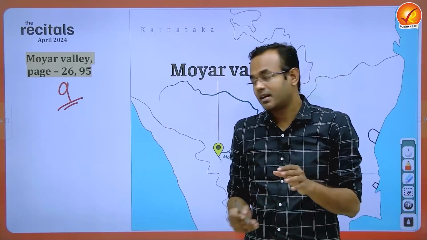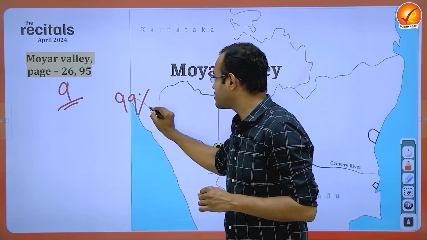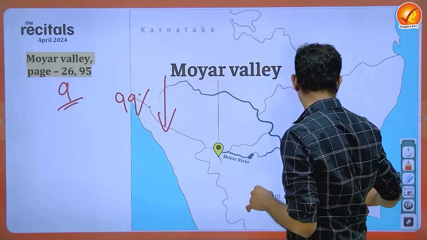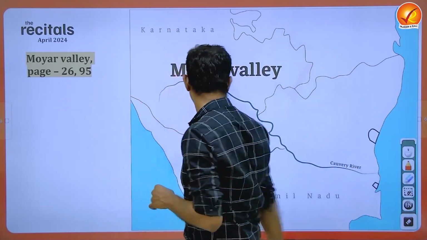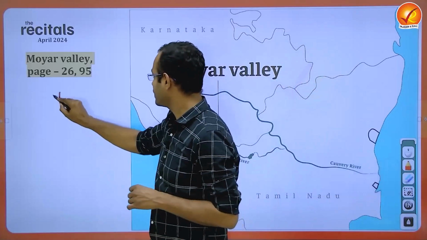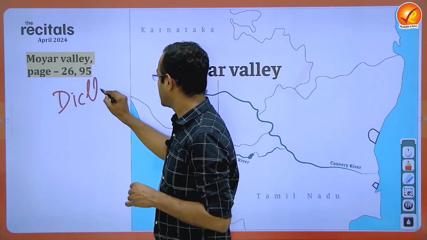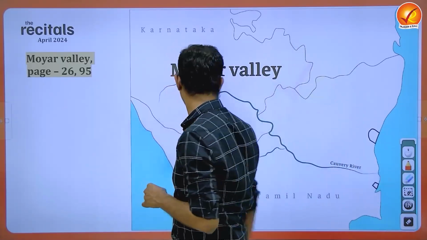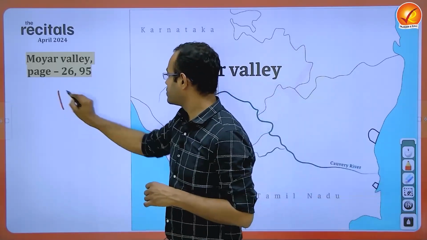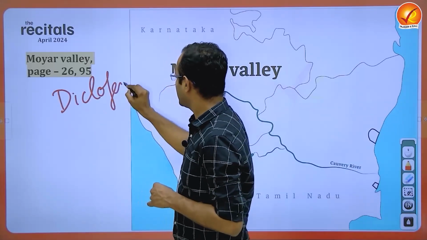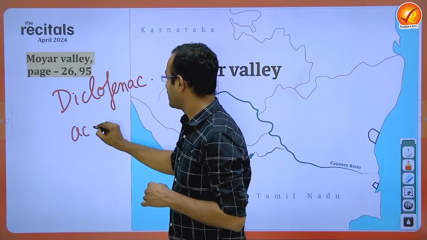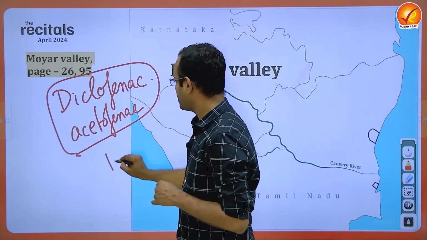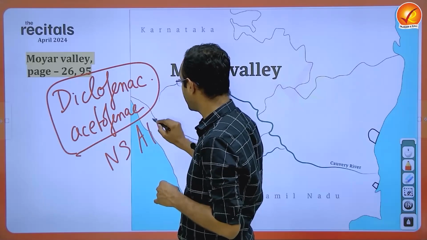In certain species, 99% of the population declined, and that was due to the usage of a drug called diclofenac or aceclofenac. These are non-steroidal anti-inflammatory drugs.